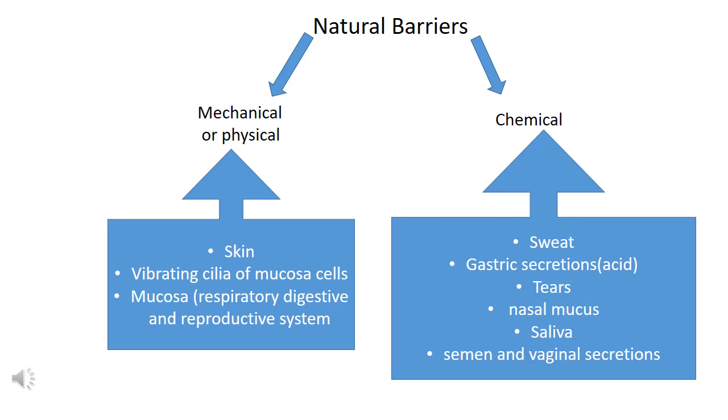The gastric secretions, also the gastric juice, it's acidic. The tears, they contain enzymes that can destroy some bacteria. The nasal mucus also. The saliva for the enzymes it contains. And the semen and the vaginal secretions for the antimicrobial proteins they contain.